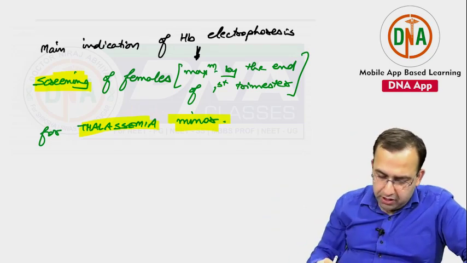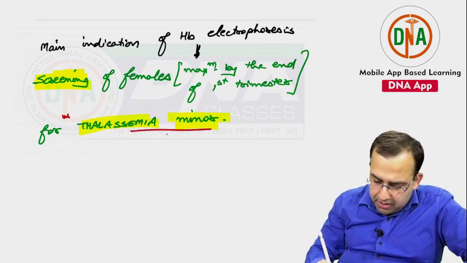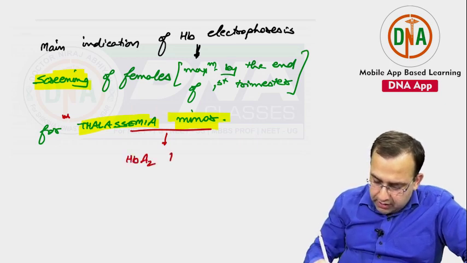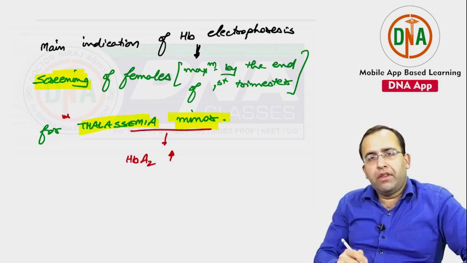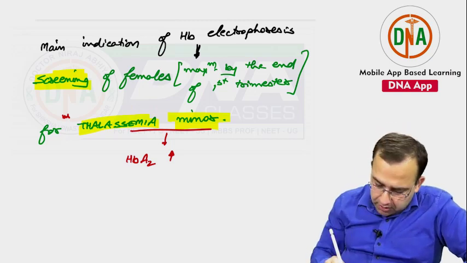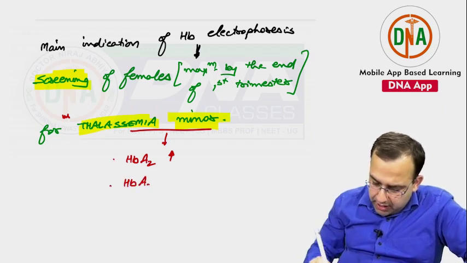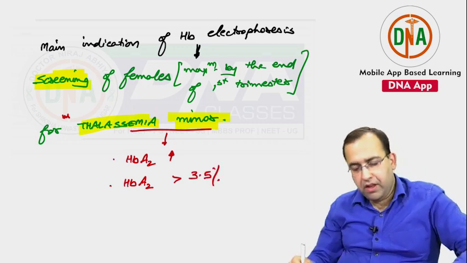Next point, again put a double star. In thalassemia minor, HbA2 is increased. What was the normal HbA2? 2 to 3.5%. So in thalassemia minor, HbA2 is more than 3.5%.